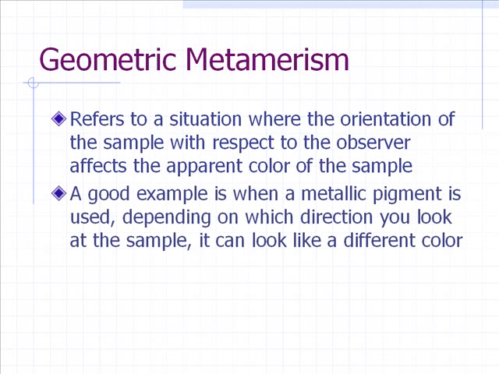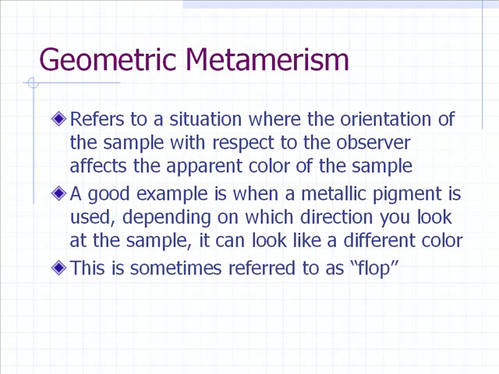Even bottles, again, if you turn them sideways and put them next to each other, may not look the same because of the orientation of the molecules and how that particular part is made. Sometimes we refer to that as flop, and a color matcher will put the samples in a color booth and flip them back and forth to see if the flop is the same.